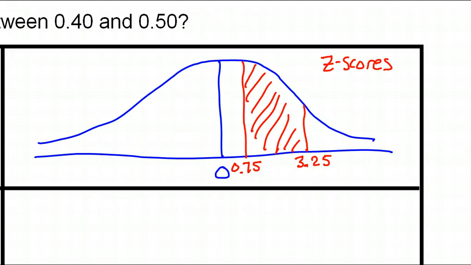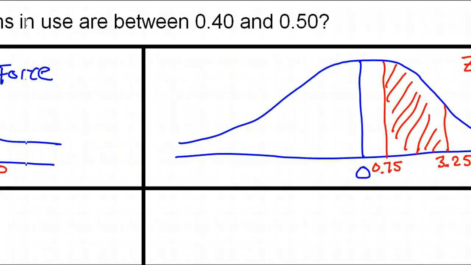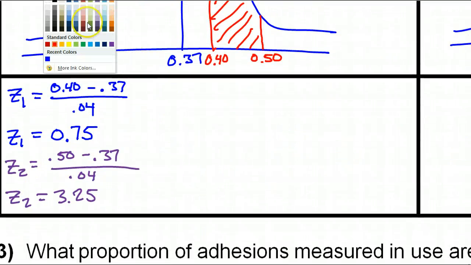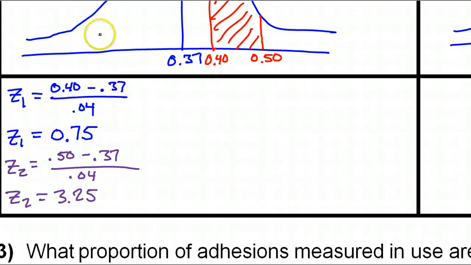Anyway, we need to find this proportion, this percentage in between. So let's keep going. To do that, we are going to need to go to the z-score table, and we will look at these two z-scores.